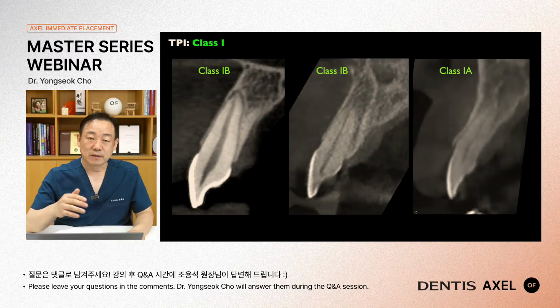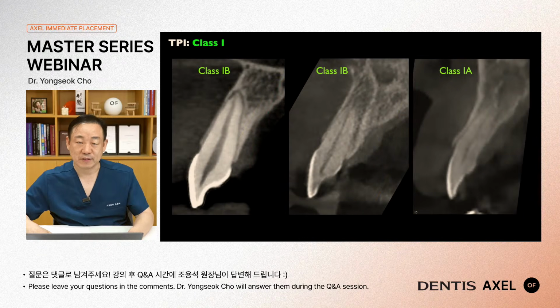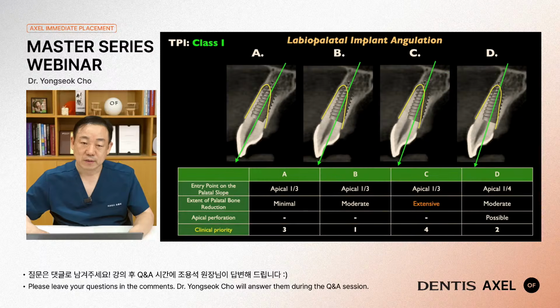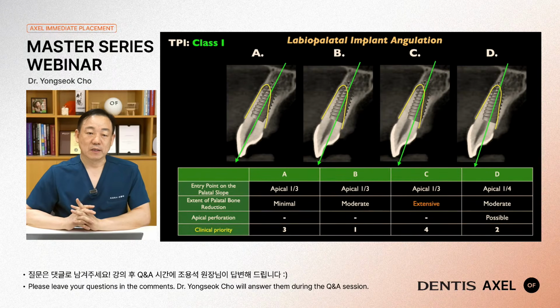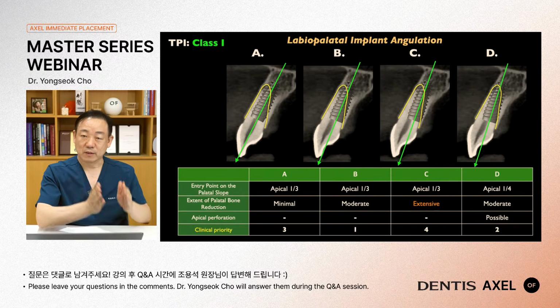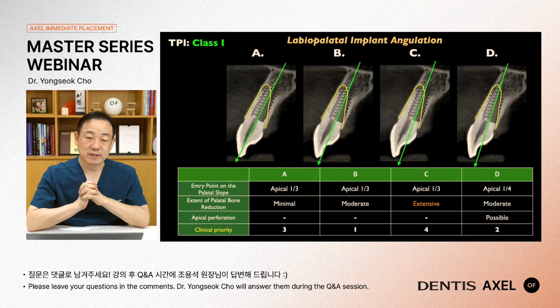Here is a class 1 TPI case. In such a situation, depending on the starting point, sometimes it is easy to make a screw-retained axis, and sometimes it is difficult.